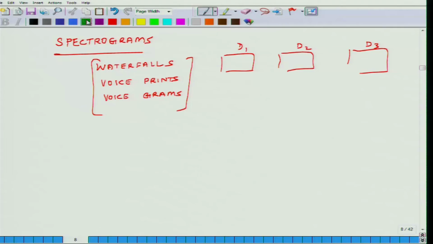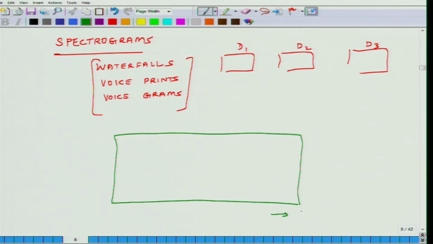So in a spectrogram, what do you have? On the x-axis you have time, or you can also have frequency. The one we are going to see will be time on the x-axis. On the y-axis you plot frequency. And what do you plot at each point?